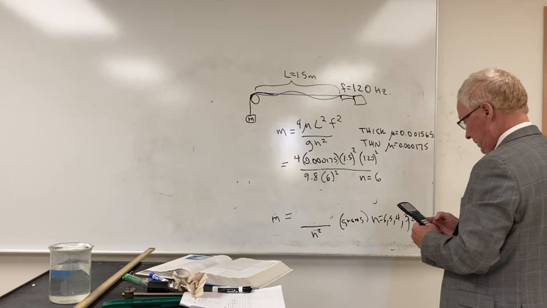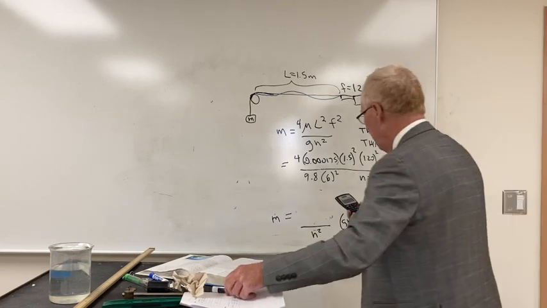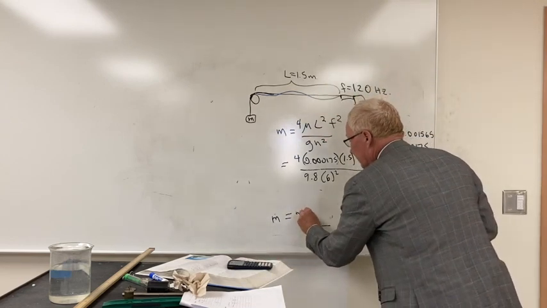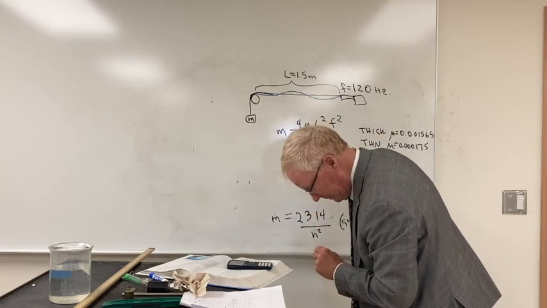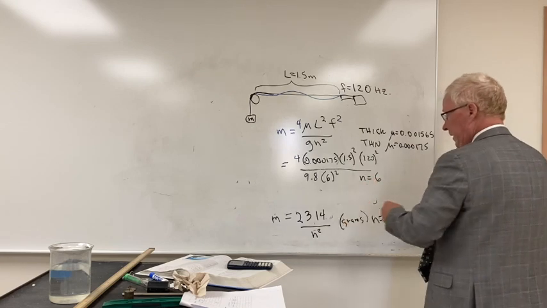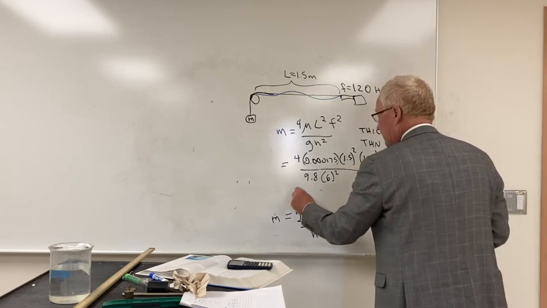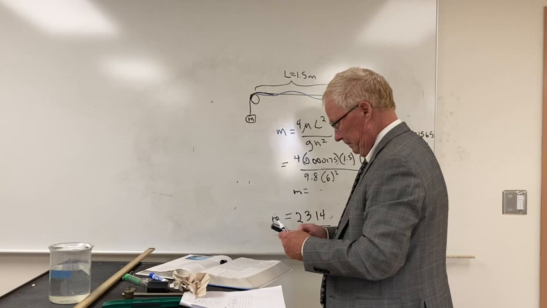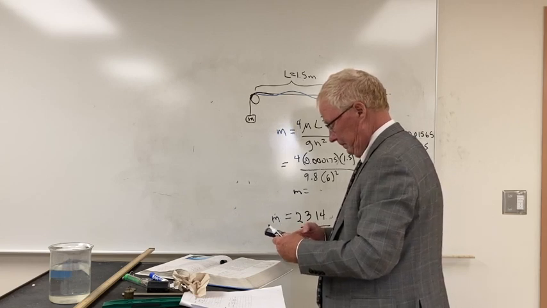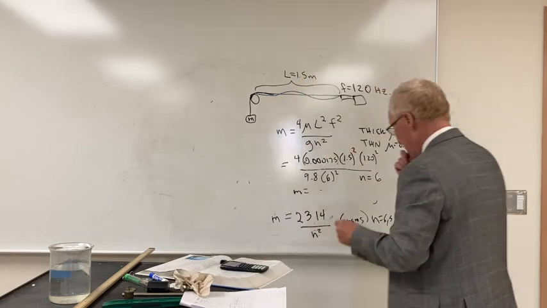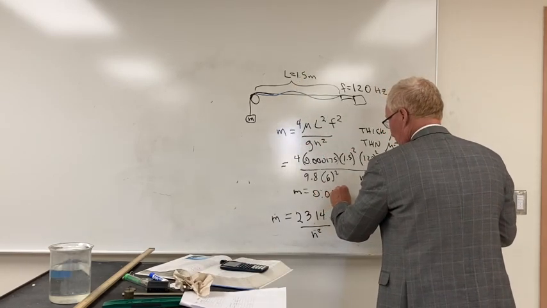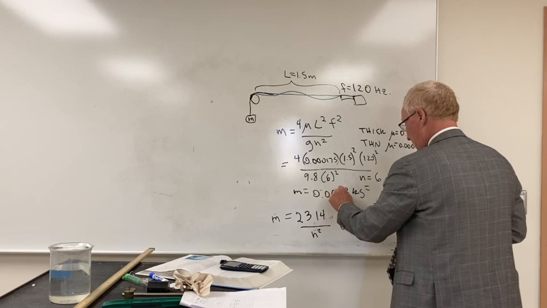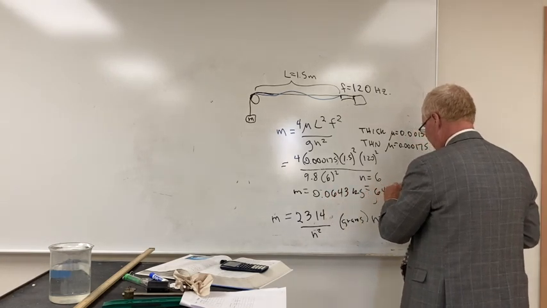And this will be equal to 2,314 divided by n squared, and for n equals 6, m would be 0.0643 kilograms, or 64.3 grams.